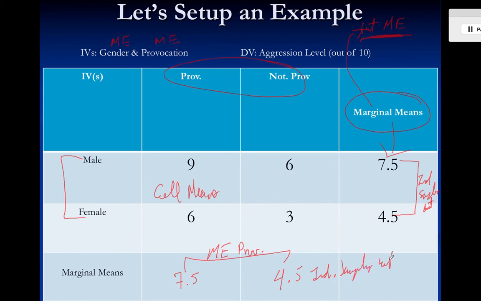Now, this would always be the case. And the reason I indicate this for you is because what happens in the case where I would have had three groups: provoked, moderately provoked, and not provoked. If I would have had three groups for that independent variable, the test of the main effect for provocation would no longer have been an independent samples t-test, but would have been an ANOVA, because I would have had three groups within that independent variable.